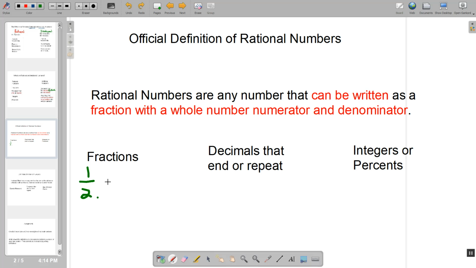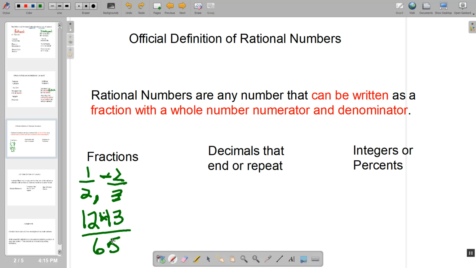You also could have something like negative 2/3, which would be a rational number. You could also have really crazy numbers like 1,243 divided by 65. That would make a rational number.